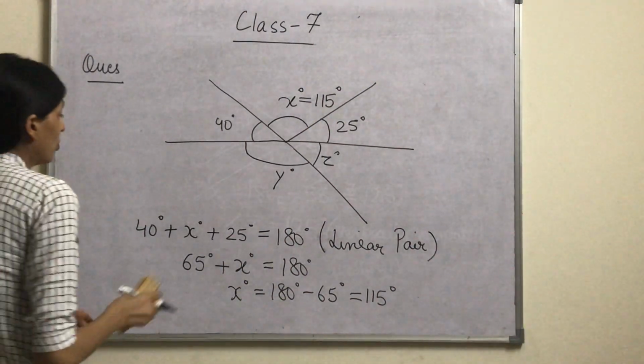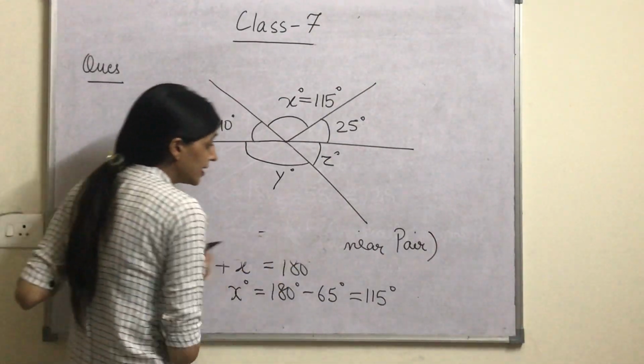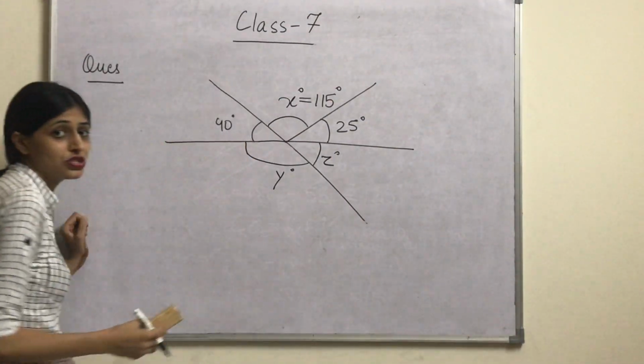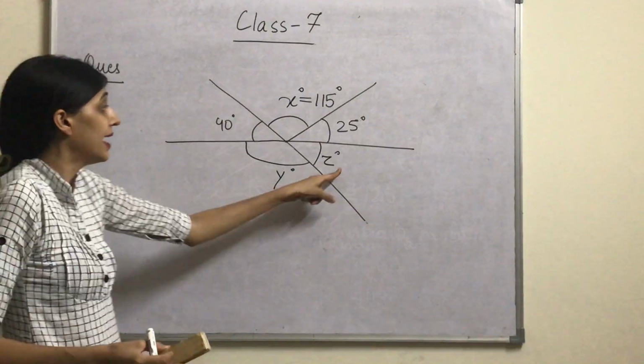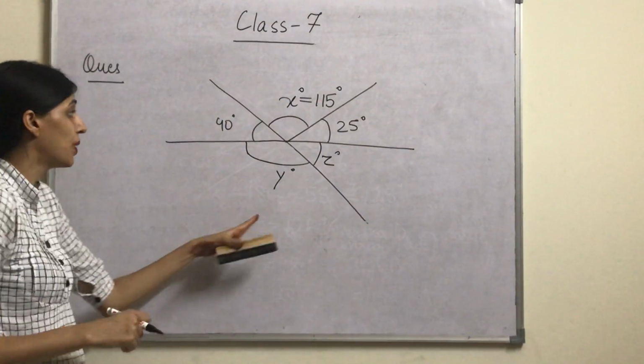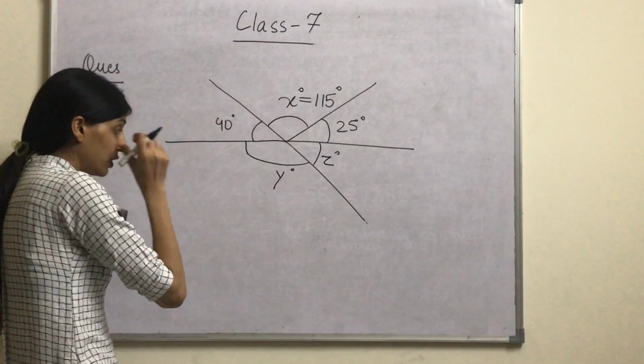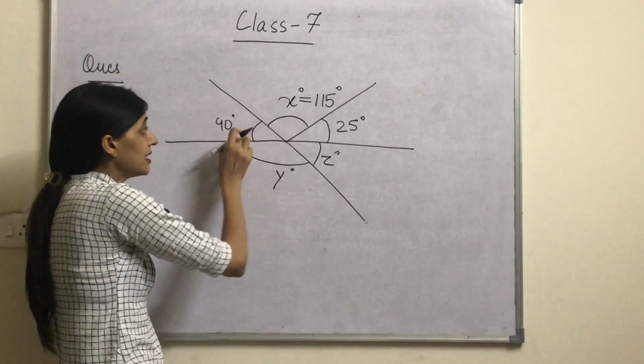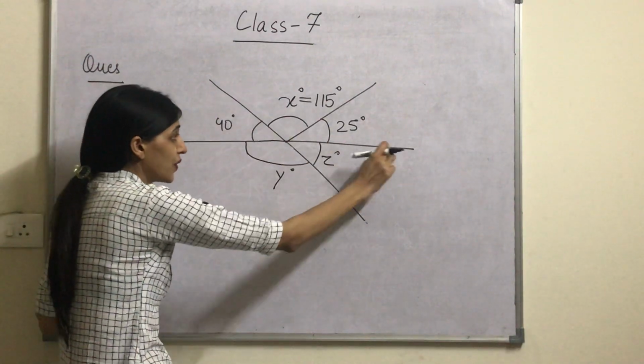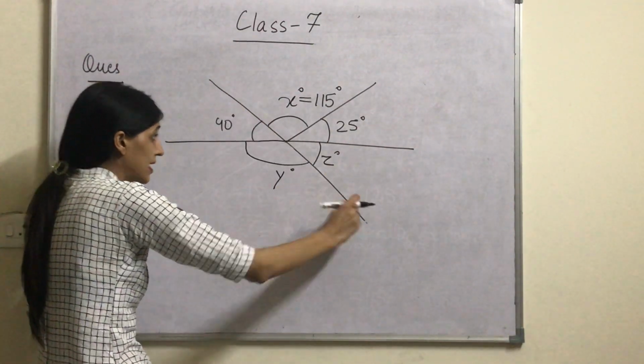Now what we have to do is, we have to find out the angle which is equal to Y and Z. We don't know the angle Y and Z, and that we have to find out. Now look carefully. This angle is 40 degree. Now this is a straight line and this is the straight line.